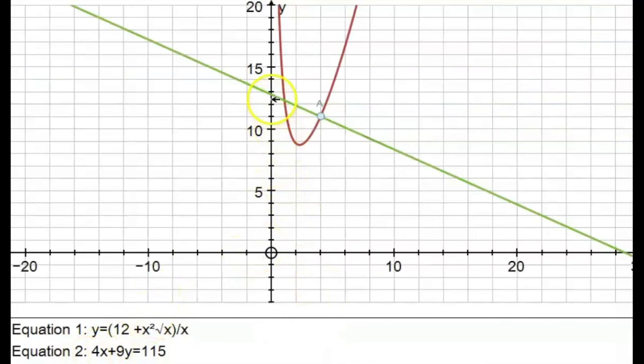We now make the scales equal aspects, so these 5 units there are the same as the 5 units there, and this line now looks as if it would be a normal to the curve, with a tangent to the curve running like that. The last part of the question looked for the stationary point. The stationary point would be the minimum point on the curve.